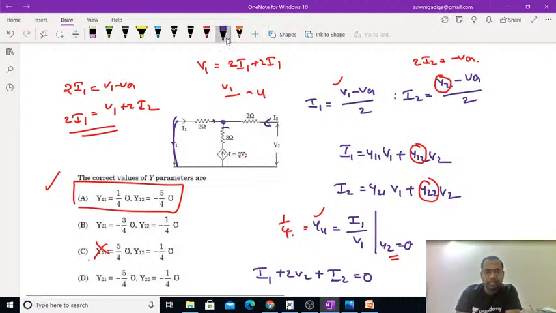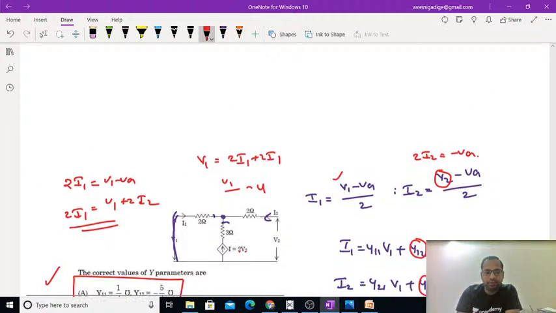Then based upon this circuit, the expression can be written as I1 plus 2V2 plus I2 is equal to 0. Fine. Let's take here some voltage VA is there.